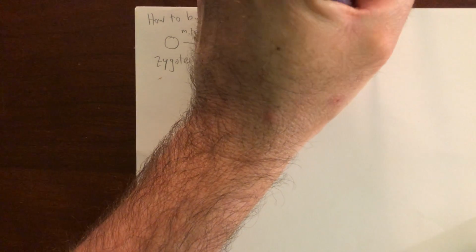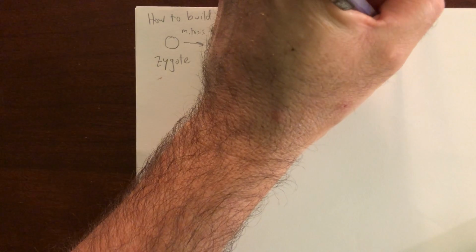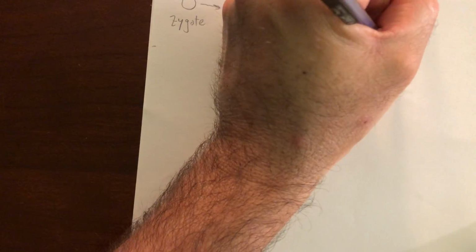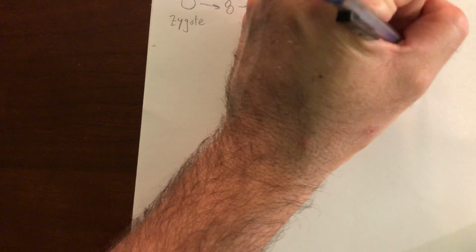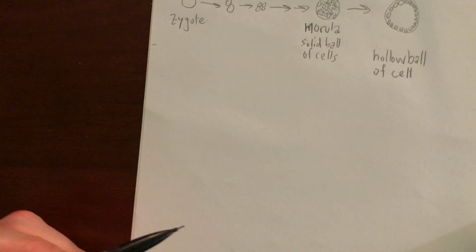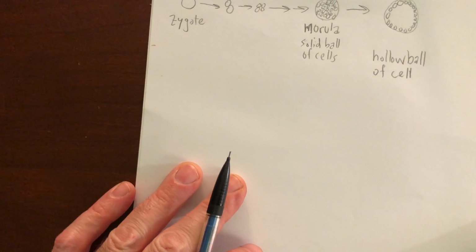So this solid ball of cells is going to grow and develop, and I'm just drawing a cross section through a sphere, just to give you a sense that it's supposed to be a circle. So now this is a hollow ball of cells, like a tennis ball or a basketball or a soccer ball.